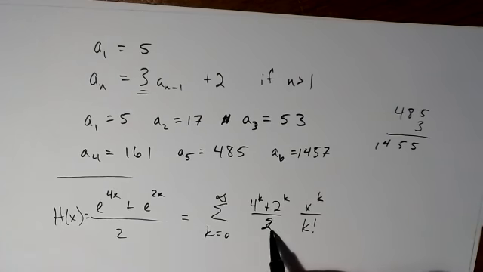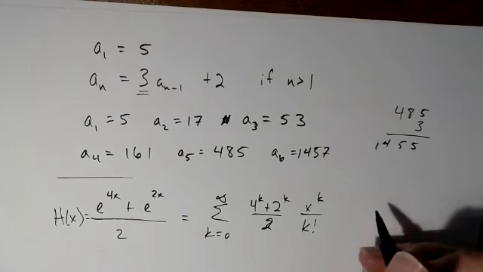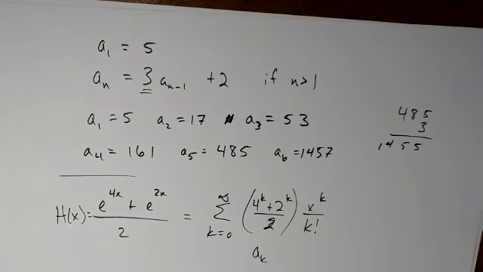This was in last time's lecture or the time before, I forget which. And so this is a_k right here, 4 to the k plus 2 to the k over 2. So we already know what this sequence is supposed to look like, but we can set up a recurrence for this sequence as well.